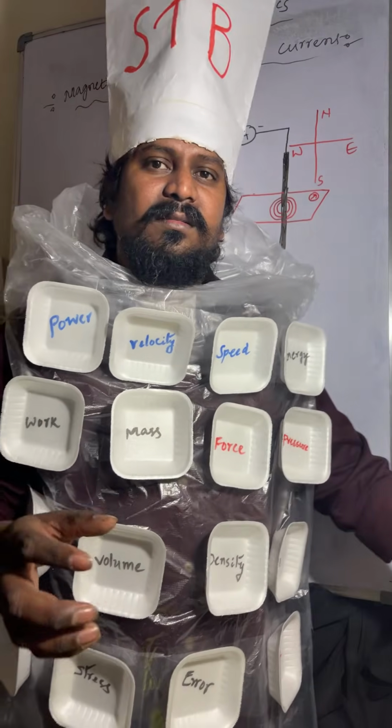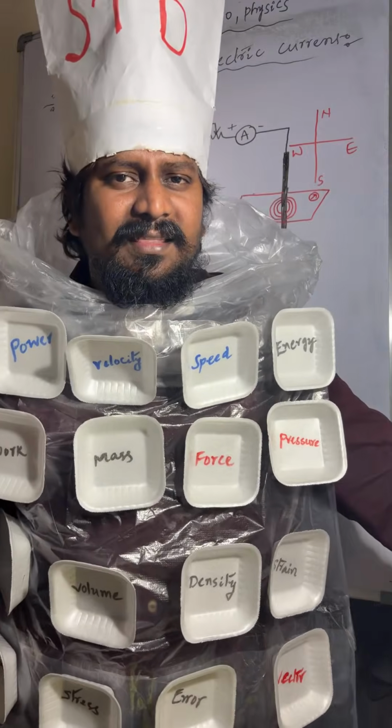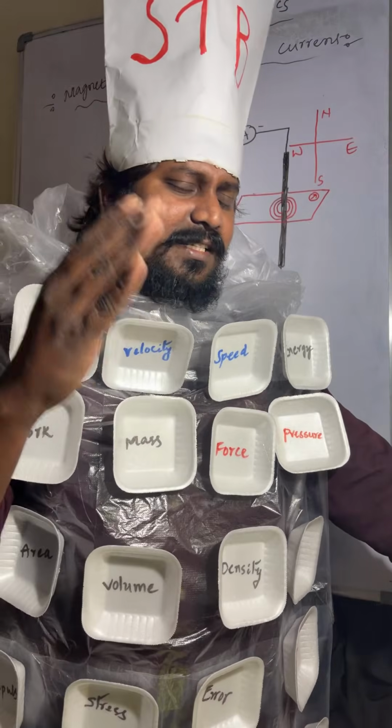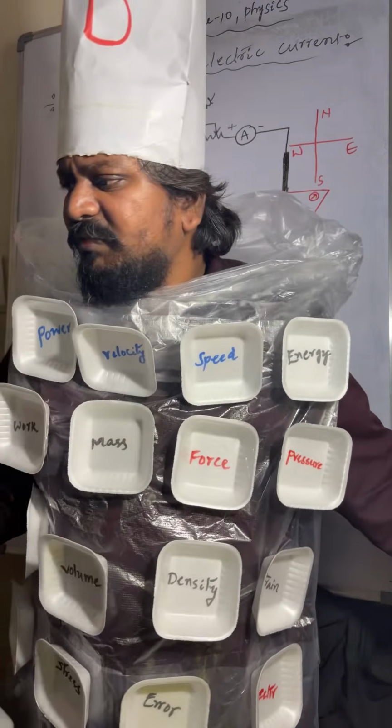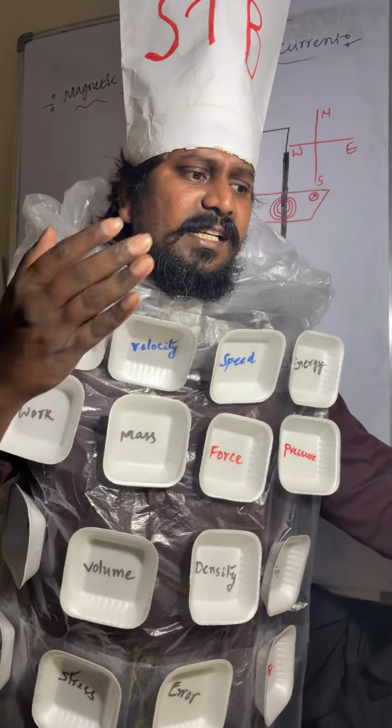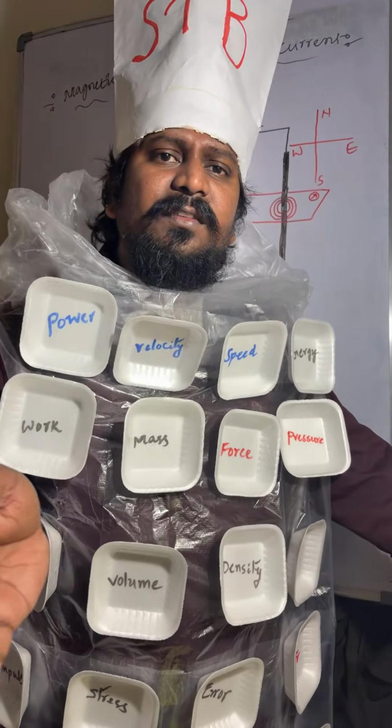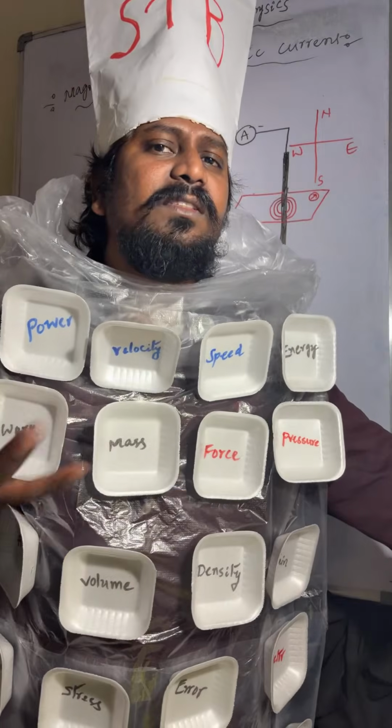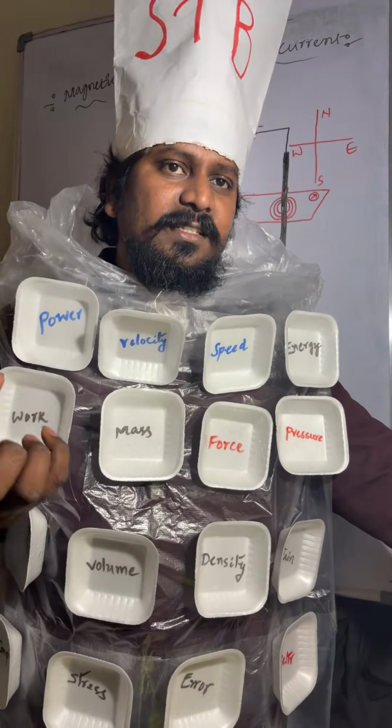So, sir, how can you say that? You are saying current from north to south gives deflection towards east, and from south to north gives deflection towards west. By what basis, by which rule?